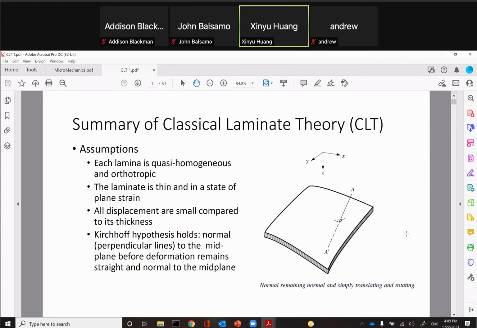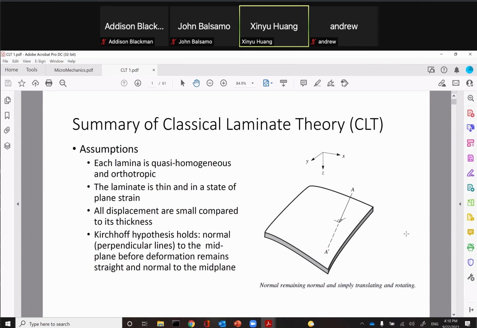This is the most widely used theory in designing of laminated composite plates. It's the standard for most of the design calculations, okay? And that's the most basic one. There are much more advanced theories, but they all build up from this basic theory, okay?